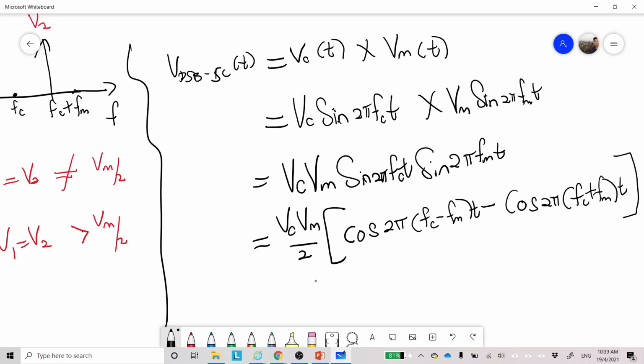So when you draw from here, you see that the sideband amplitude is Vc Vm over 2. Okay, so when I draw the frequency spectrum, the amplitude is actually Vc Vm over 2, which is larger than Vm over 2. Dia lebih besar daripada Vm over 2.